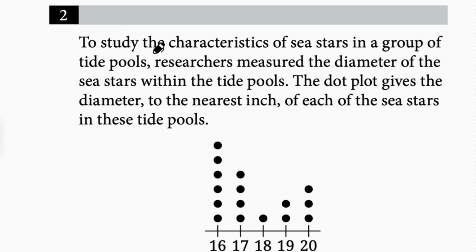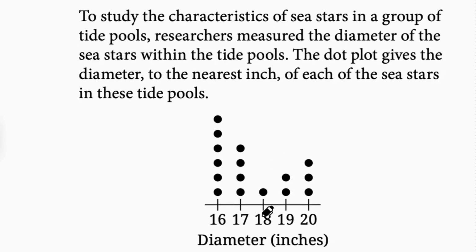So try to find what is being asked or what information is being given in this question. So let's see. To study the characteristics of sea stars in a group of tide pools, researchers measured the diameter of sea stars in the tide pools. Now, as you can see, there is only one data, right? Diameters of sea stars. So 16 is the diameter for these many sea stars, 17 is the diameter of these many sea stars.